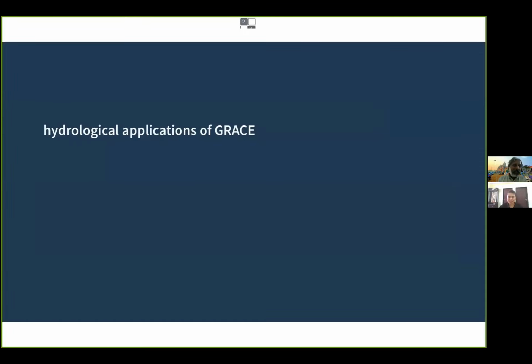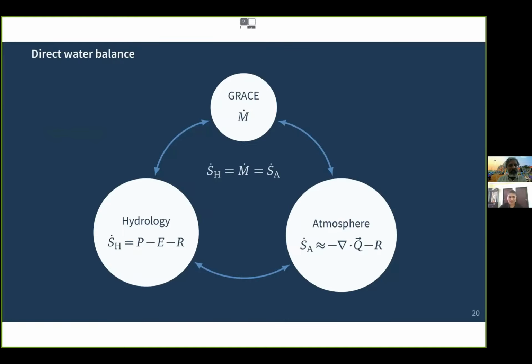On the application side, I'm more interested in how we can use these temporal variations of the gravity field to understand Earth better. Most of you might have heard about the hydrological cycle. It's a very simple concept, a budgeting. You have input, which is precipitation, then output, evaporation and runoff, and whatever remains is storage.